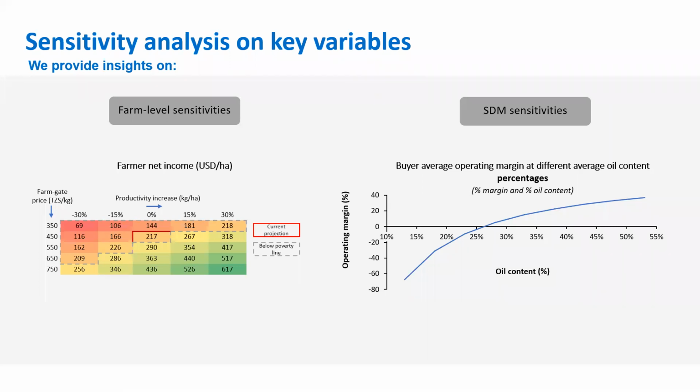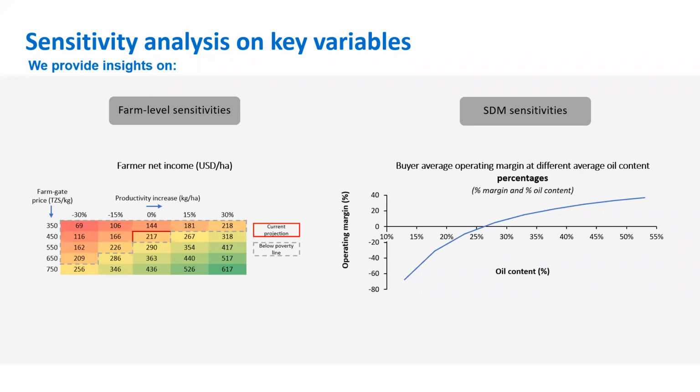So what Heidi said before the questions relates to this slide about the sensitivities. Once we get beyond looking at the basic information at the farm level and the SDM level, we want to see the impact of changing certain variables on our outcomes.